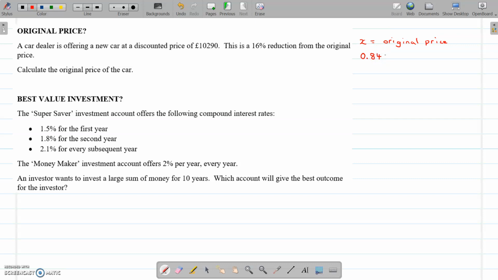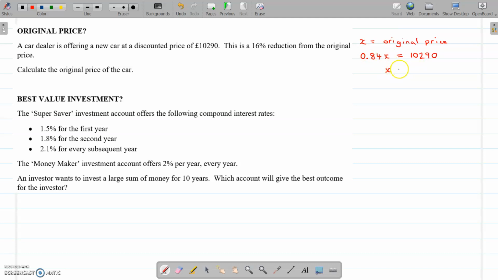Now, to find 84% of something, as a decimal, you multiply it by 0.84. So I know that 0.84x equals 10290. To find x, I just have to divide both sides by 0.84.